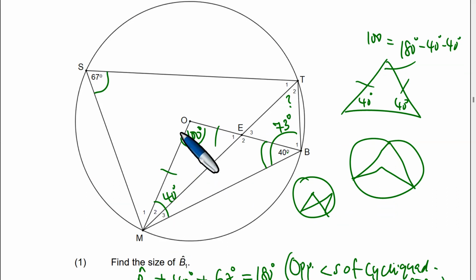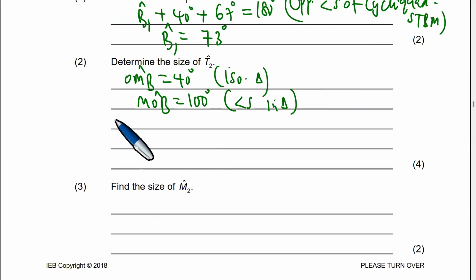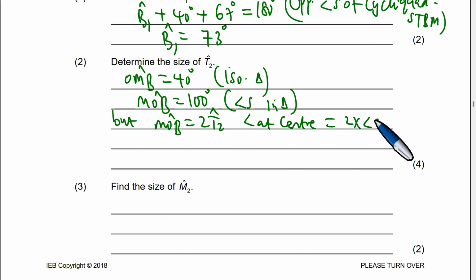In other words, angle MOB is twice T2. Angle MOB is an angle at center, so it is twice angle T2, and the reason is angle at center equals 2 times angle at circumference.